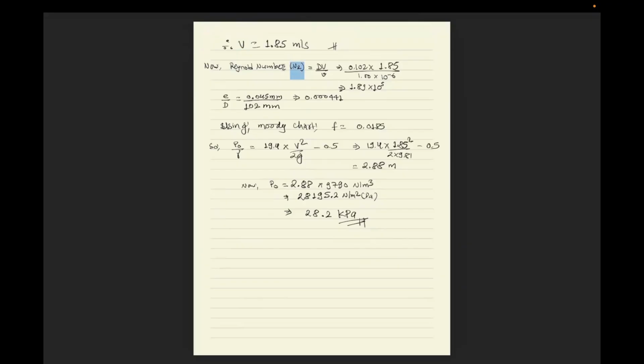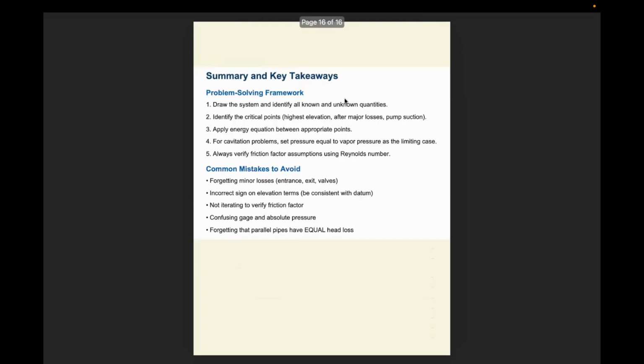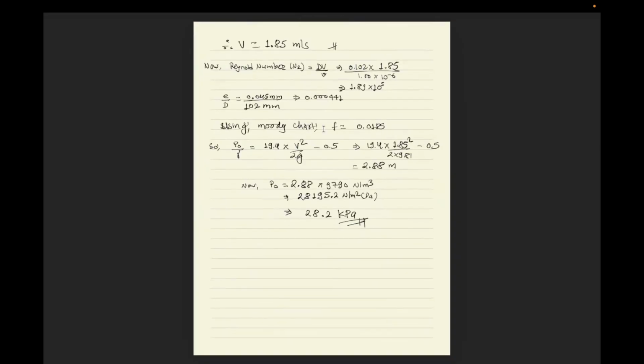So let us do it by computing the Reynolds number. It's dV by nu. V is equal to 1.85, whereas diameter is 0.102 meter, divided by the kinematic viscosity, that gives us 1.89 times 10 to the power 5, and e by D will give us 0.000441, and from the Moody chart we will have a friction factor of 0.185.